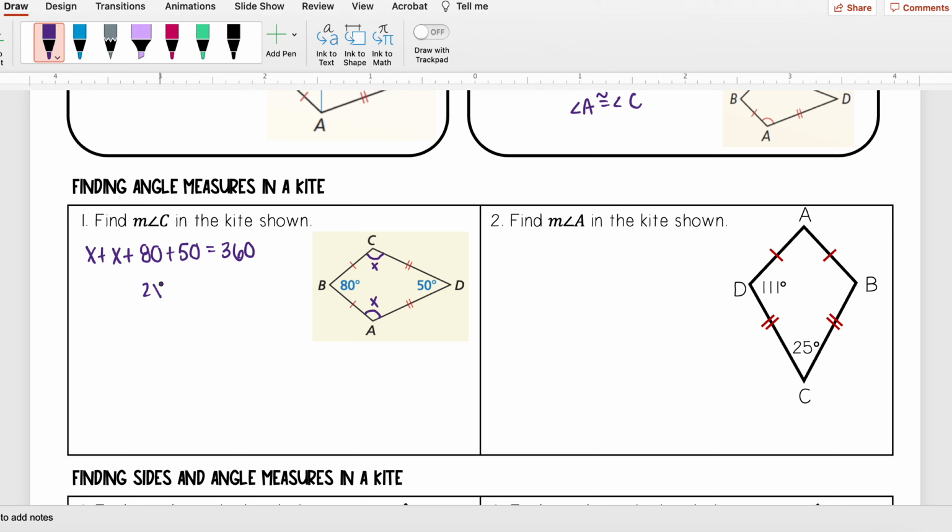Well, I get 2x plus 130 is equal to 360. Subtract 130 from both sides, and I get that 2x is equal to 230. And then divide both sides by 2, and I get that x is equal to 115. So that means that the measure of angle C is equal to 115 degrees.